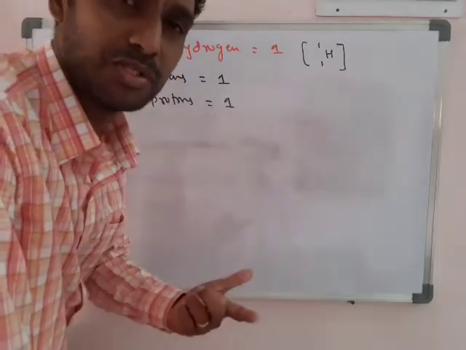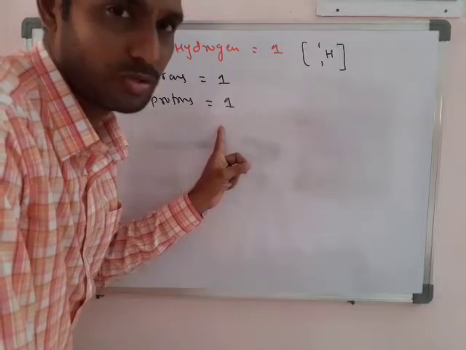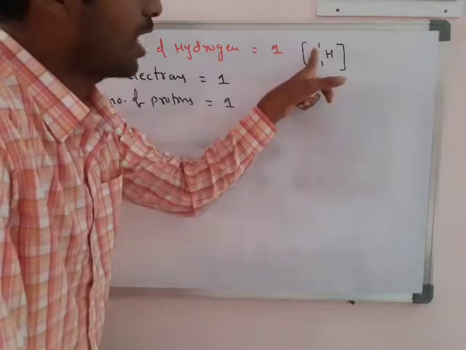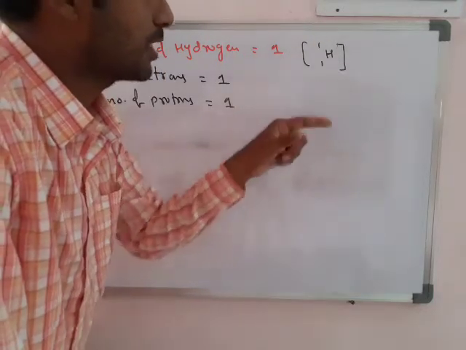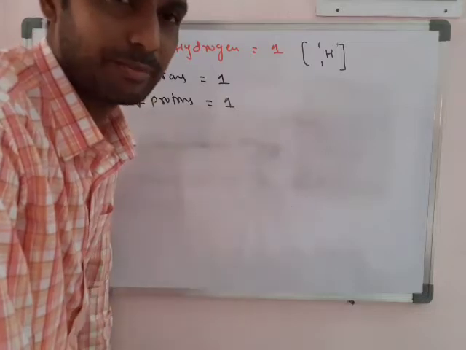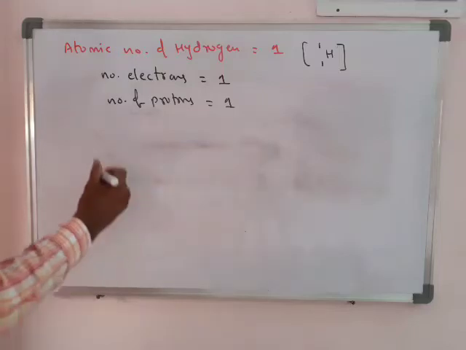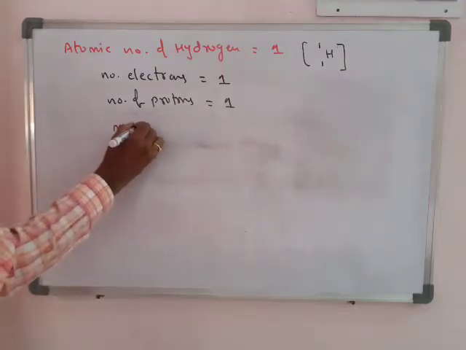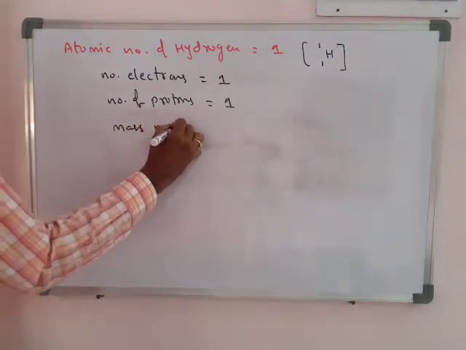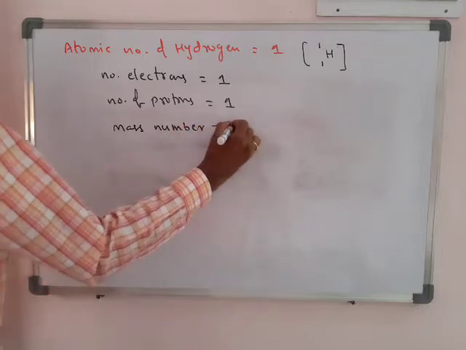Number of protons equals number of electrons, which is also 1. The upper left number indicates the mass number. The mass number of hydrogen is 1.